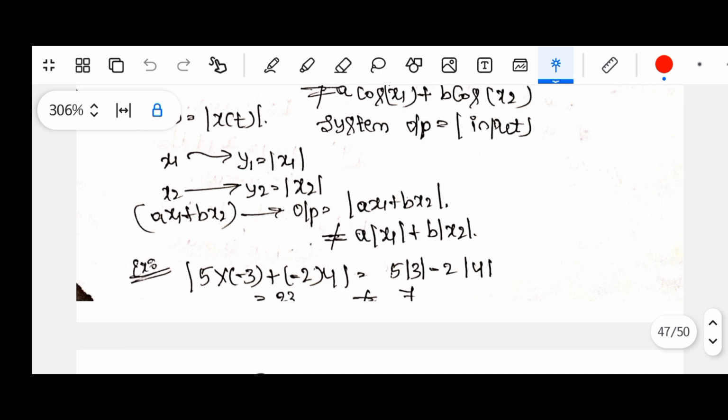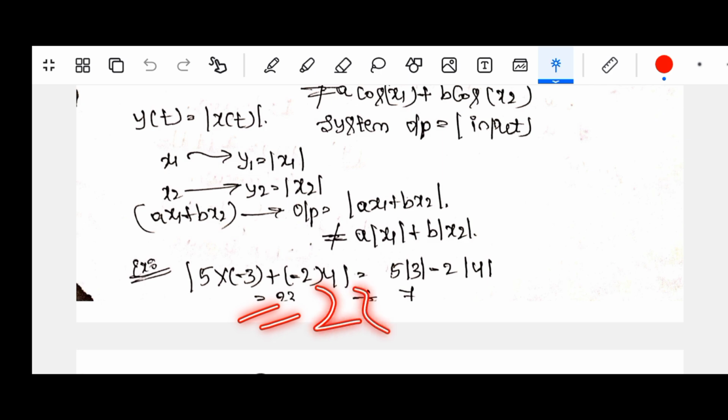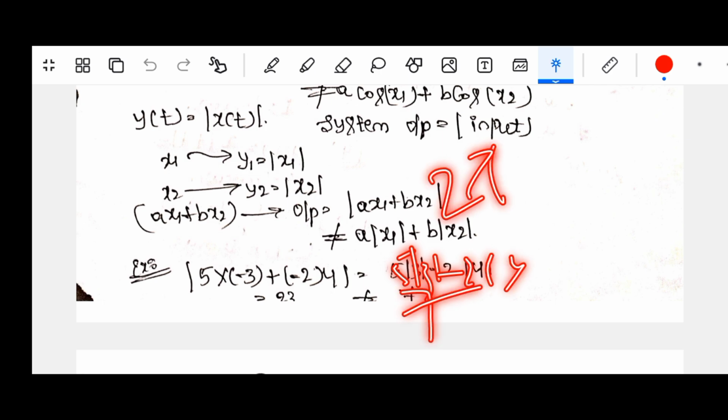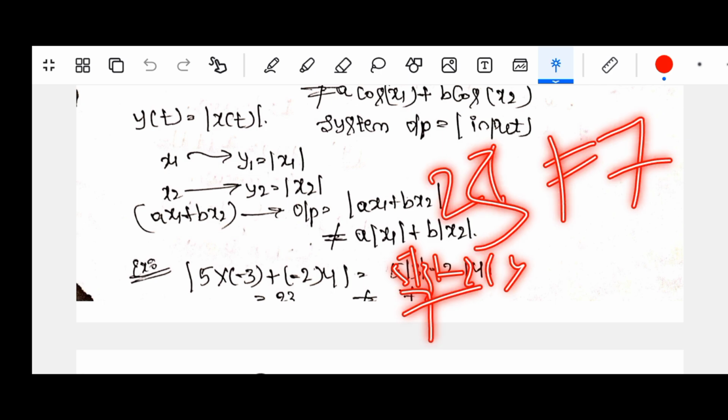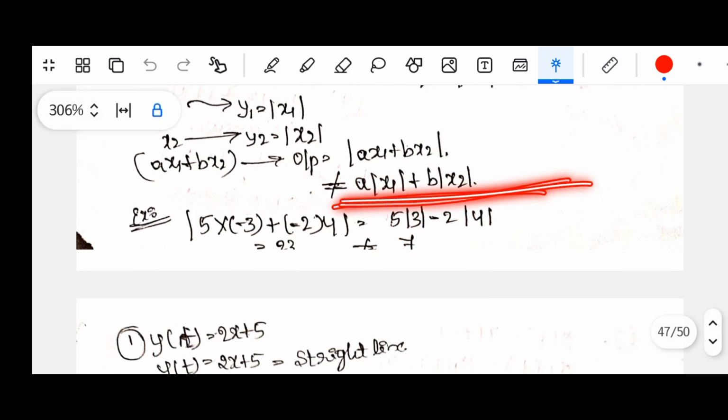I will prove this. Take 5 times minus 3 minus 2 times 4, so we get 23. If we split this, 5 times 3 and minus 2 times 4, it becomes 7. Therefore 23 is not equal to 7, so it is not possible.